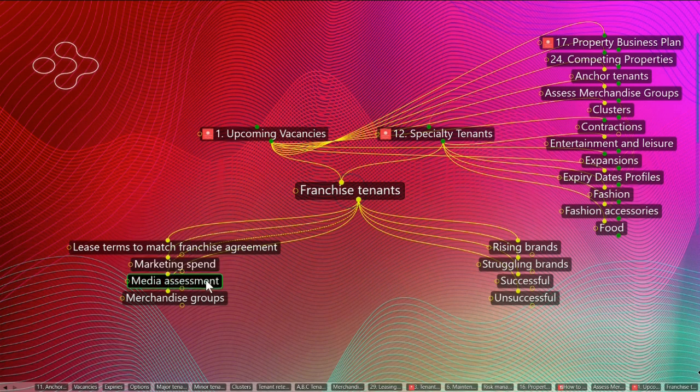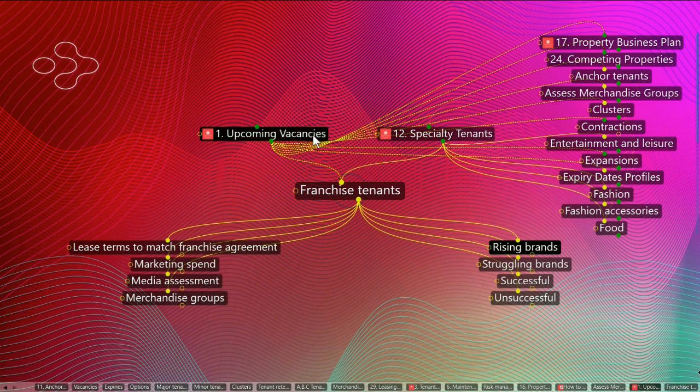Do a media assessment of how successful the franchise tenants are in spending their money on marketing. And of course, see how the franchise tenants are merging into the merchandise groups. Some brands will be rising, others will be struggling. So determine who are successful and who are unsuccessful as far as the franchise brands go.